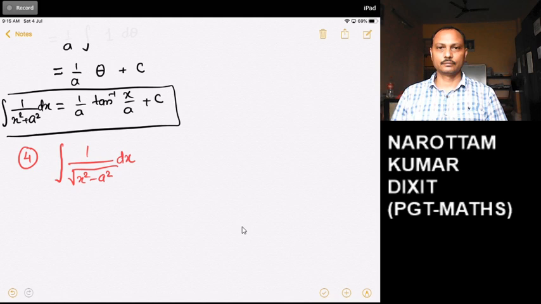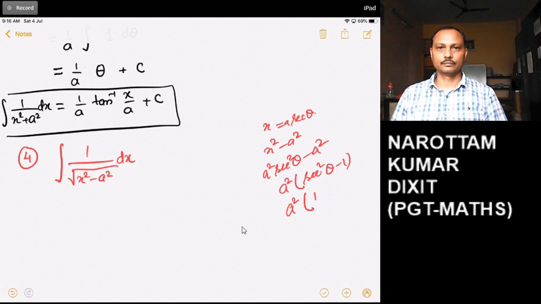You can see, if we take x equal to a sec theta, then x square minus a square will become a square sec square theta minus a square. Taking a square common, we get sec square theta minus 1, and sec square theta minus 1 is tan square theta. So by this substitution, we can convert this term into a single term.